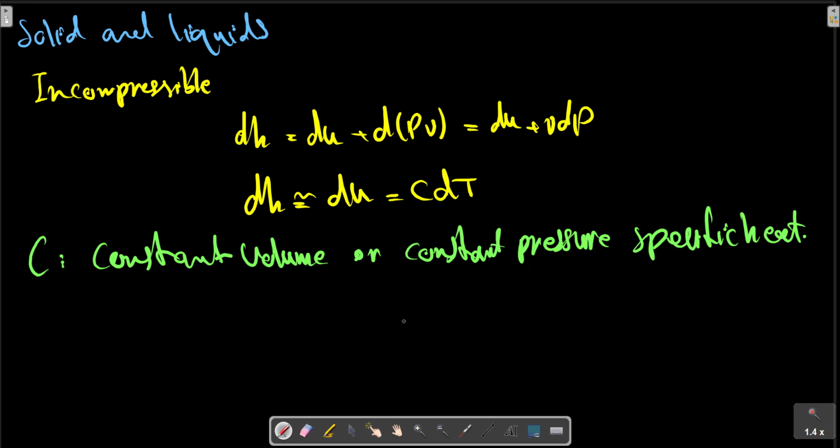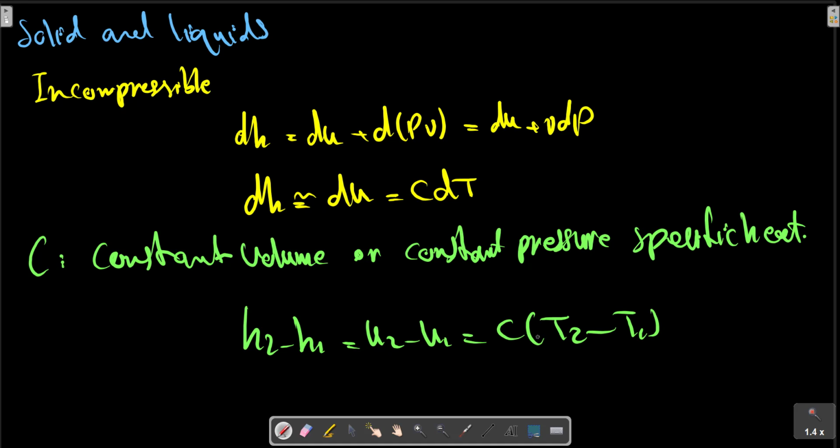This equation can be written as h2 minus h1 equals u2 minus u1 for liquids and solids. Specific heats for various solids and liquids are available in tables A3 and A4, for liquids and for solids.